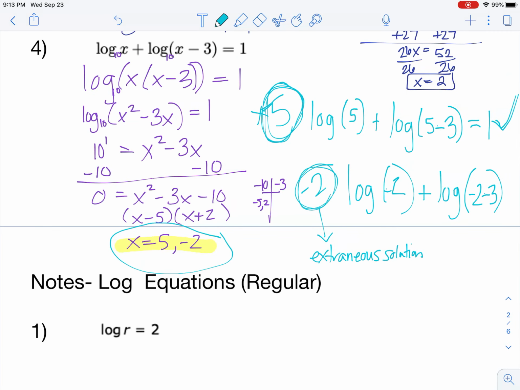And if we had graphed that function, which I'm not going to take the time to do right now, you would see that the domain is restricted, and it would not be part of the solution. Another thing I want to tell you is that this quadratic is why we get that as a solution. So we're solving it as a quadratic, but it's not. It's a logarithm, and so that's why we have to go back and check for extraneous solutions.